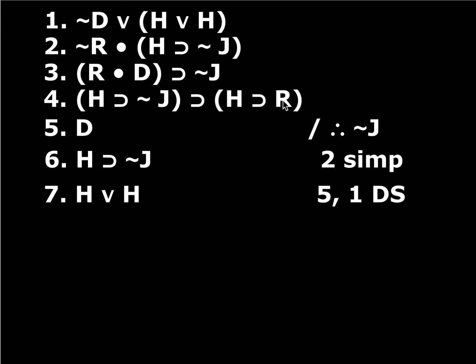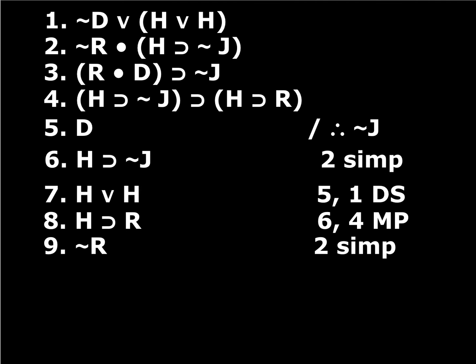Consequent is if H then R. So if H then R, and that's by 6,4 modus ponens. Now I'm going to go ahead and simplify off this first conjunct here.